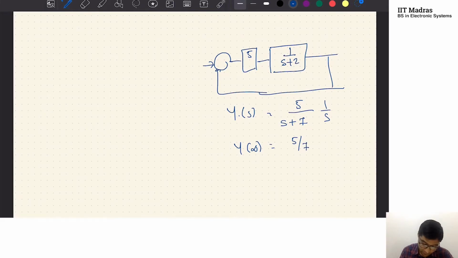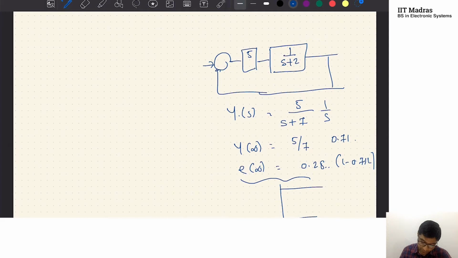This will be 0.71 and so on, and the error at infinity will be some 0.28. It will just be 1 minus 0.714 something. Okay, so there is some error, and I'm assuming I'm doing the math right here. If I just look at the step response, this is my unit step. The system can only reach up to this point, resulting in a steady state error of 0.28.